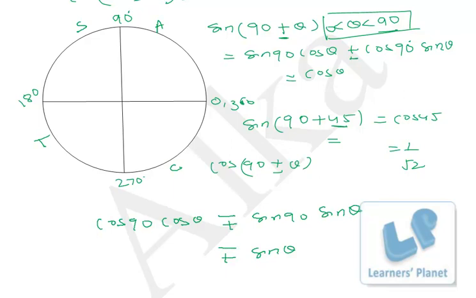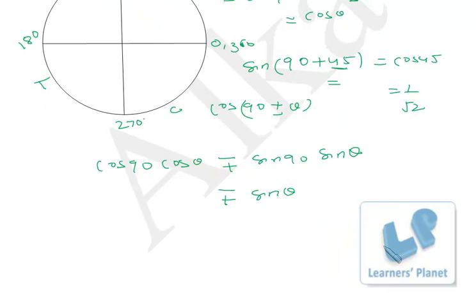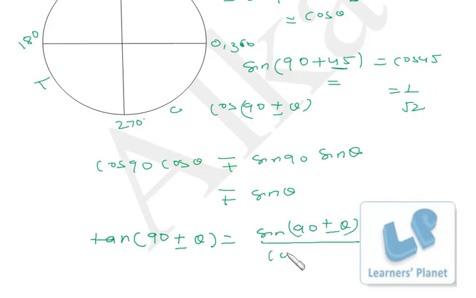Now similarly we can calculate tan 90 plus theta and tan 90 minus theta. So suppose we say tan 90 plus minus theta. That is sine 90 plus minus theta upon cos 90 plus minus theta. Sine 90 plus minus theta is cos theta.